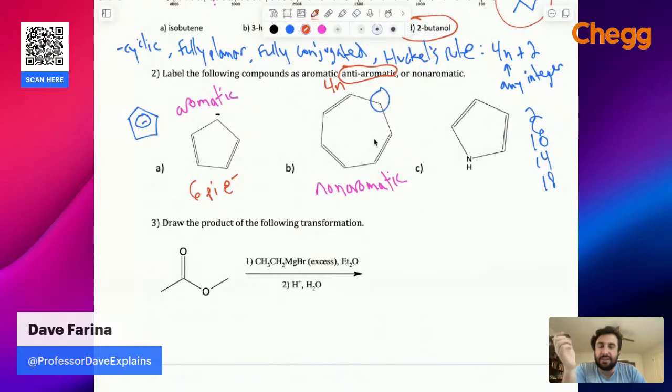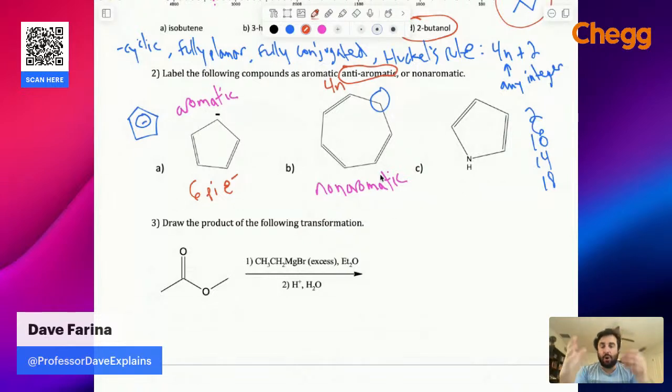So if it satisfies all the criteria for aromaticity, except the number of pi electrons follows 4n instead of 4n plus 2, that would be anti-aromatic. It's specifically a destabilizing situation. In fact, cyclooctatetraene adopts a puckered tub shape because it's more energetically favorable than being fully planar and achieving anti-aromaticity.